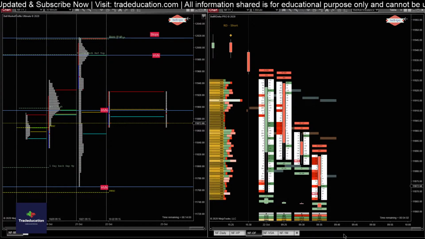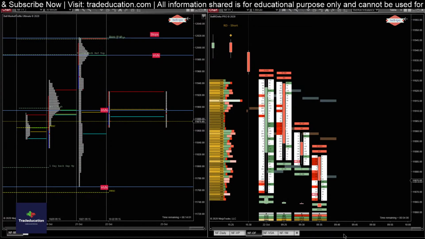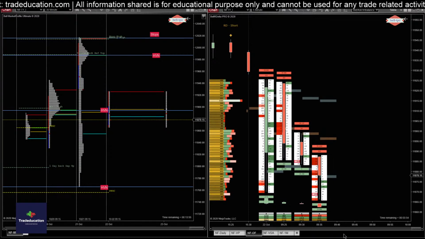So the weaker low is getting repaired. Now we need to see some sort of exhaustion from sellers.